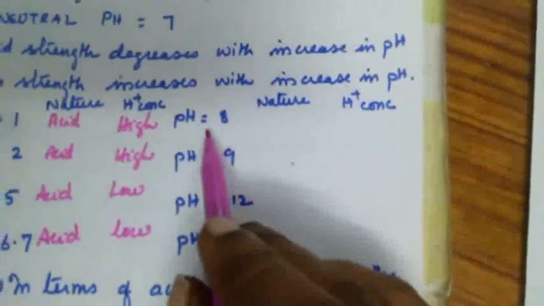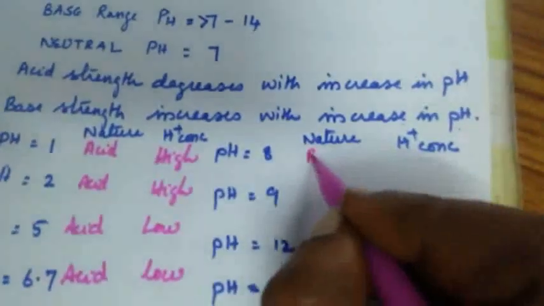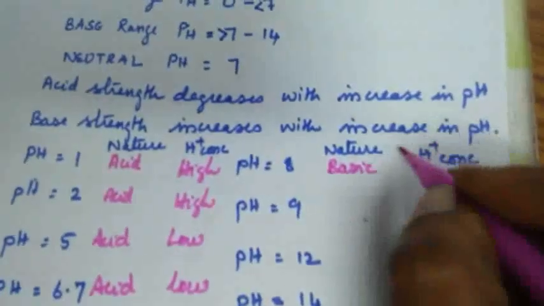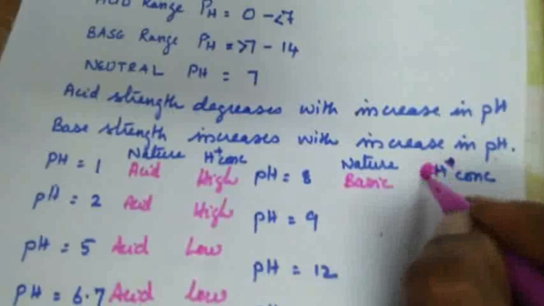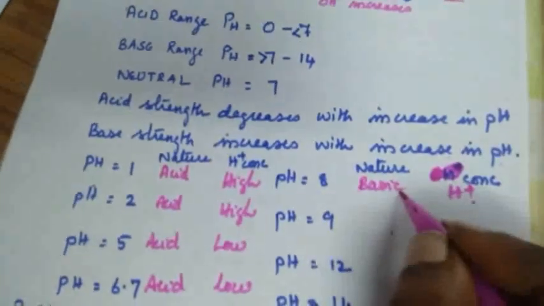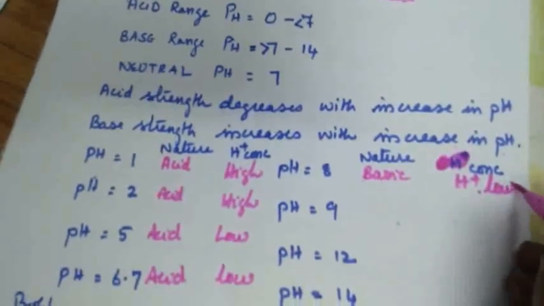Let us see a few more examples on this side. pH 8. What is the nature? It is more than 7, so the nature is basic. As the number increases, concentration increases. This is OH minus, sorry. We are dealing with H plus ion concentration, so when it turns basic, the H plus ion concentration will turn out to be low.